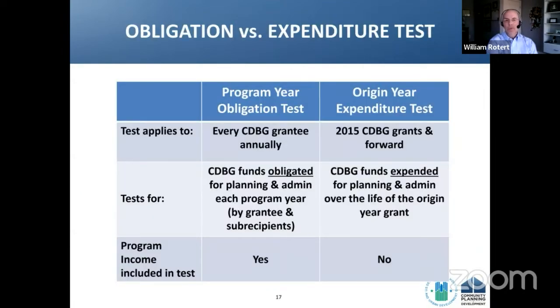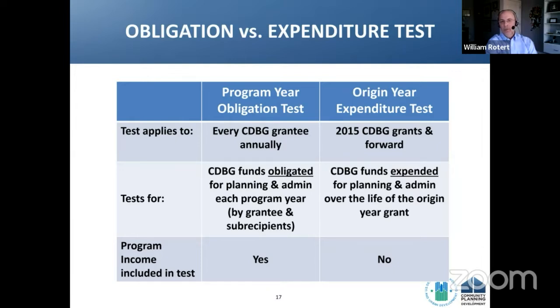Okay, here was a chart that was developed again to show you the differences between the pre-2015 and the post-2015 rules. For our purposes, we will just look at that right-hand column. If your origin year is 2015 or later, which is the case currently, you're going to follow that expenditures test rule that we just walked through.